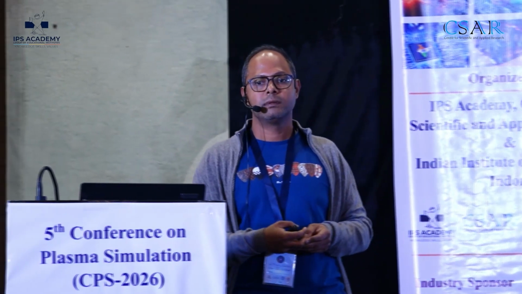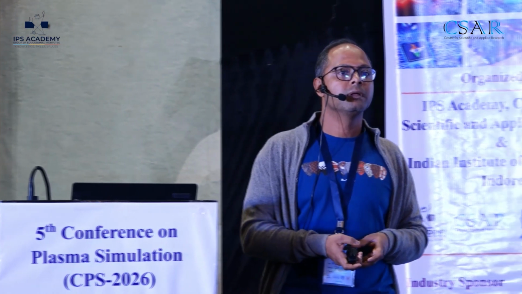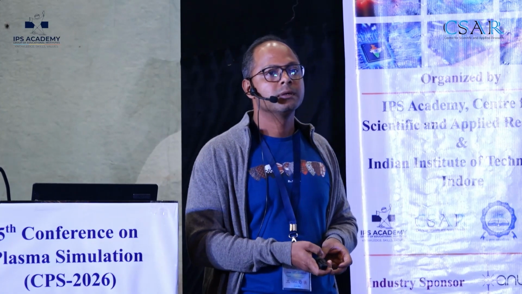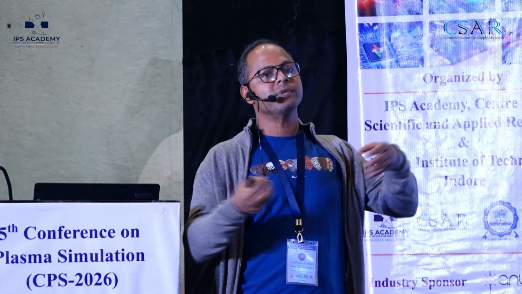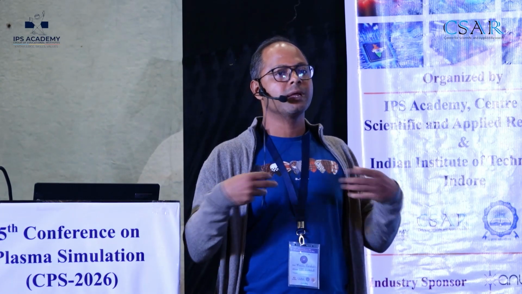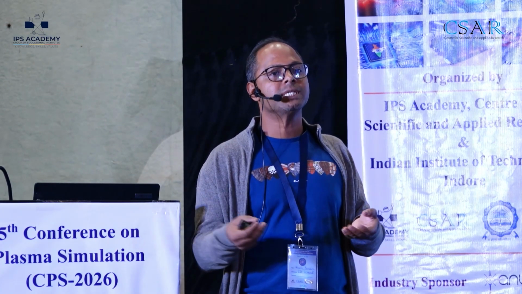Hello, sir. I'm Vibhor from ISC Bangalore. I have a question: is this runaway electron avalanche a form of self-organized criticality? What happens there is you have a small population of electrons that have relativistic energies.